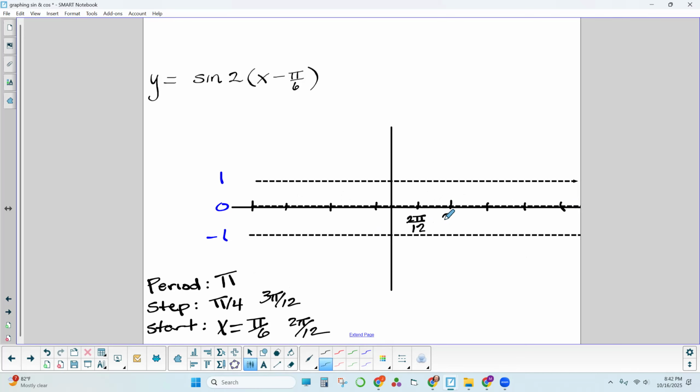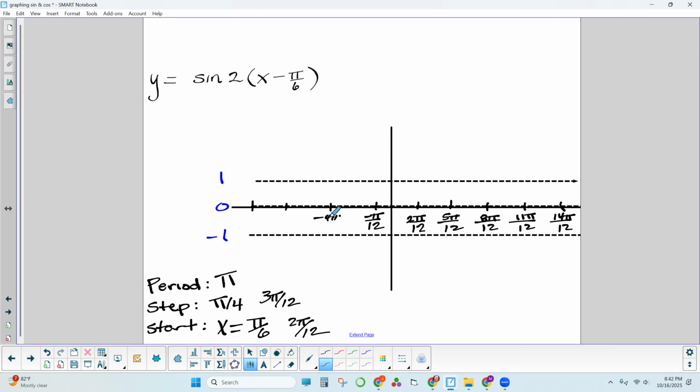And my steps are 3 pi over 12. So that would be 5 pi over 12, 8 pi over 12, 11 pi over 12, and 14 pi over 12. Now, when I go the other direction, my step is 3 pi over 12. So that brings me over the y-axis, and my next step is at negative pi over 12.